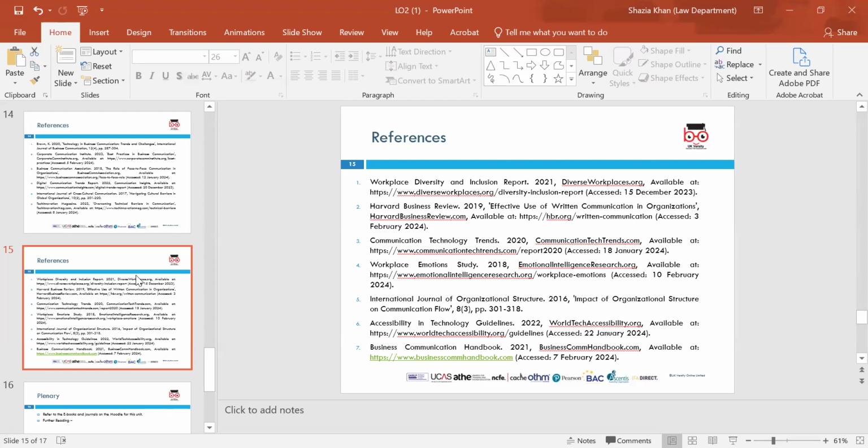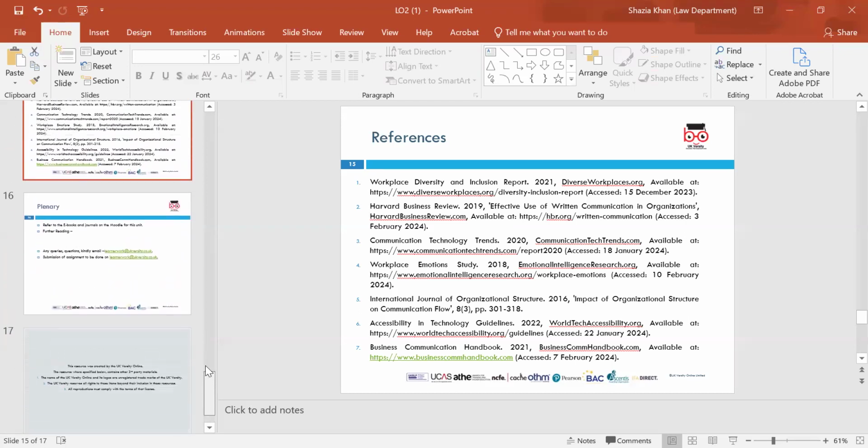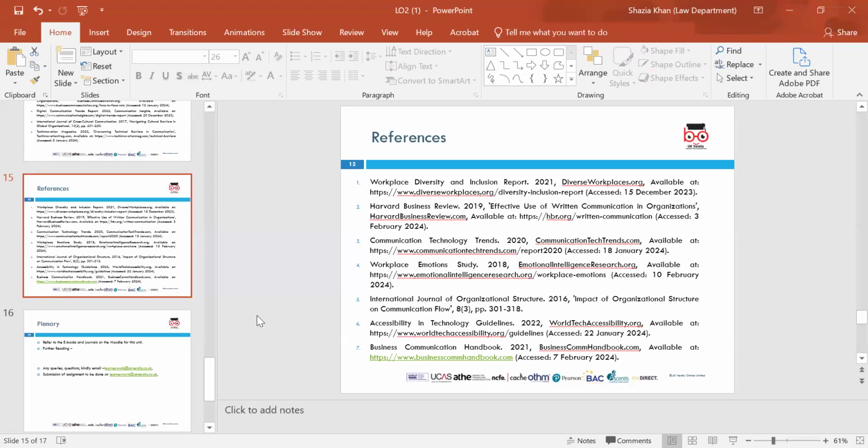And we've also looked at the Journal of Organizational Structure and the impact of communication flow and why it's so important within an organization. Again, we've looked at the accessibility and technology guidelines, World Tech Accessibility, and Business Communication Handbook. Now, these are some of the books and the resources we've used to complete these learning outcomes. But these books and resources will help you when you are doing your assignment as well.